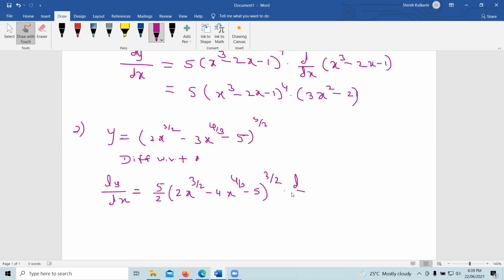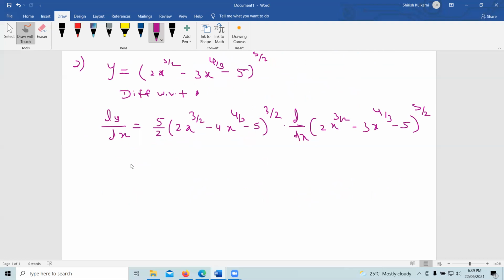Then take the derivative of that bracket, 2x raised to power 3 by 2 minus 4x raised to power 4 by 3 minus 5 raised to 3 by 2 into, then take the derivative of this term, then the constant outside, then x raised to n, derivative of x raised to n is, यहाँ पे derivative कैसे लेना है?